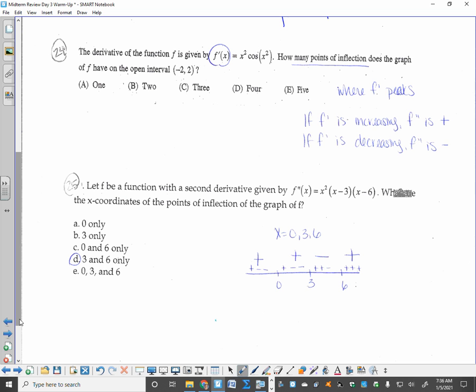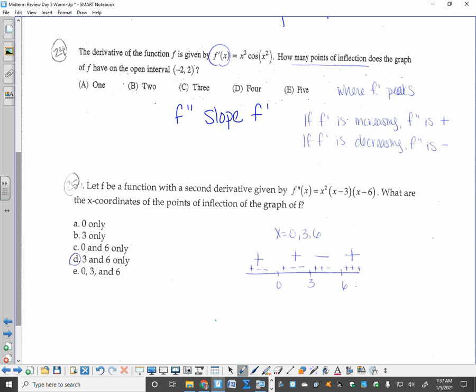24. The derivative of the function is given by f prime of x. How many points of inflection? Okay. Points of inflection, that's where concavity changes. And this is the first derivative. So that's going to be where the first derivative has a slope of 0, not where the first derivative equals 0, but remember f double prime is the slope of f prime.